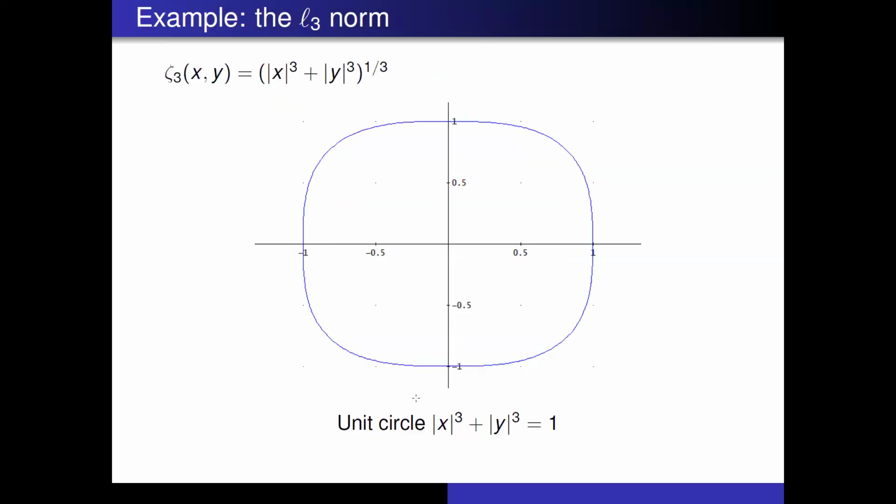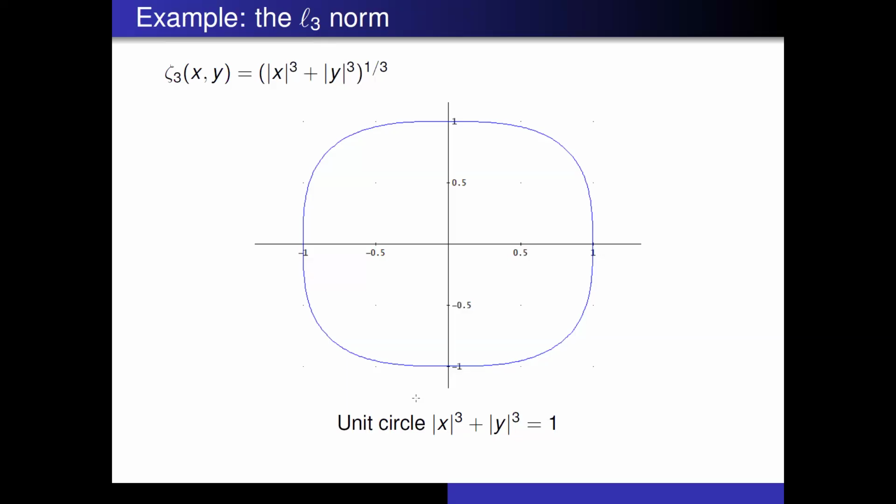So here, for example, is the unit circle for the L3 norm. It looks, as we said, like a strictly convex unit circle, so it's a strong norm.